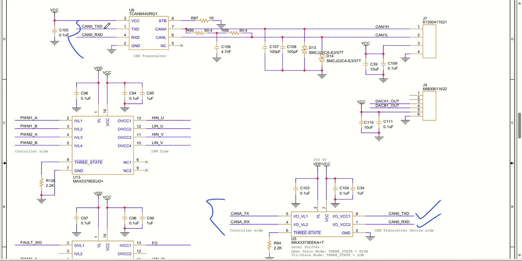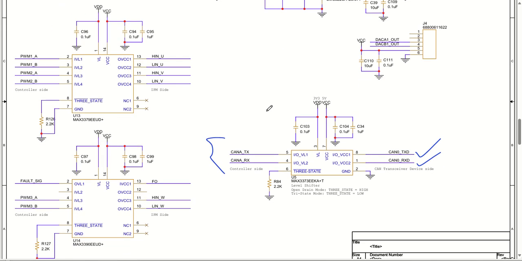So this transceiver is going to convert it to CAN high, CAN low with proper resistor termination of 60.4 ohm, and then we have proper filtering capacitor and proper ESD protection as well. So this is my ESD protection, and then this is going to get connected to my connector. So this is how the CAN transceiver is working.